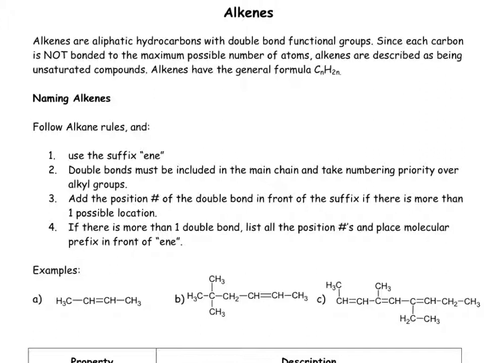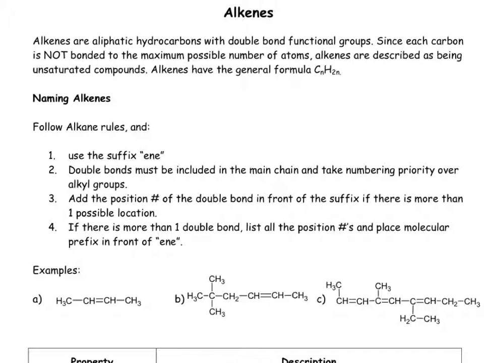So, naming alkenes. You'd follow the alkane rules, and you would use the suffix "ene" to indicate that it's an alkene family. Double bonds must be included in the main chain, and they take numbering priority over alkyl groups. That means that double bonds always have to have the lowest number.